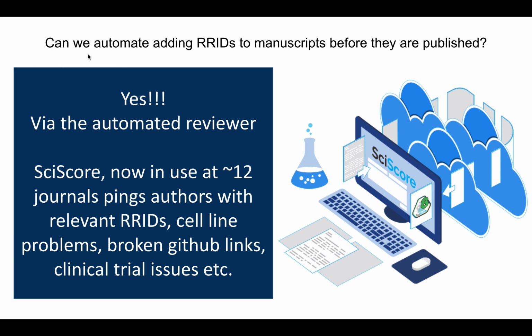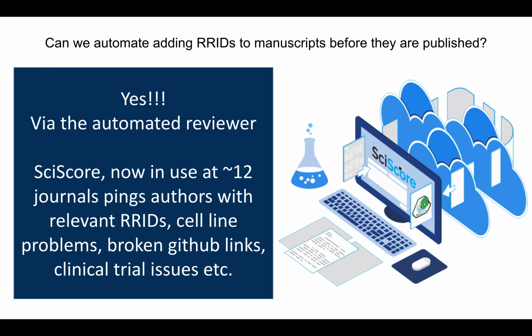And so the answer to that came from an automated tool that we've been working on for the last couple of years called SciScore. This is an automated reviewer. It takes as input the methods section of a paper, and it gives as output a set of hopefully helpful hints in the report.